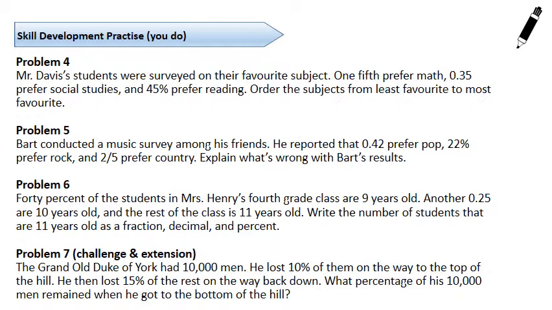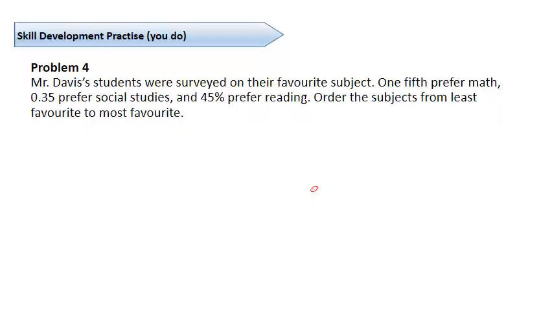Okay, pause here. Have a go at doing these three questions. So let's have a look here. We've got Mr. Davis's students were surveyed on the favourite subject. 1/5 prefer maths. So maths, 1/5.